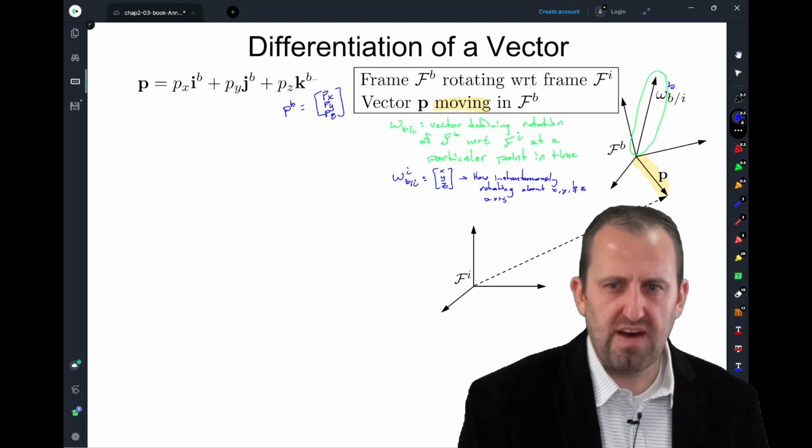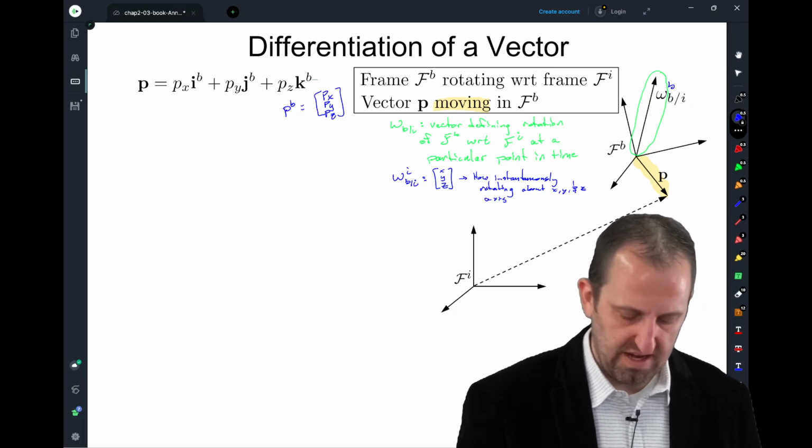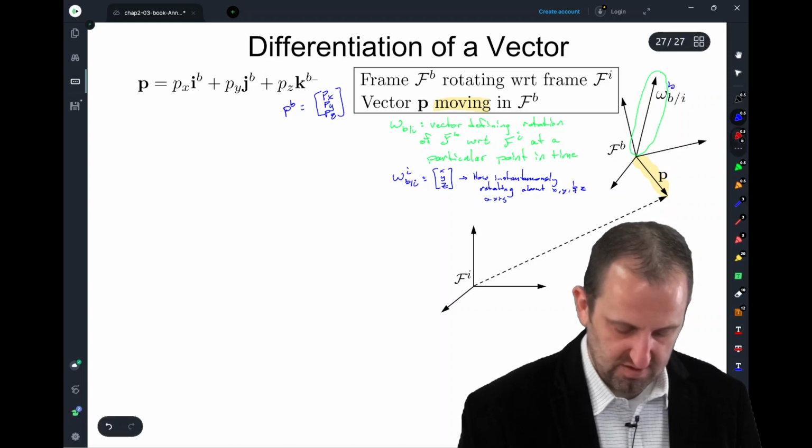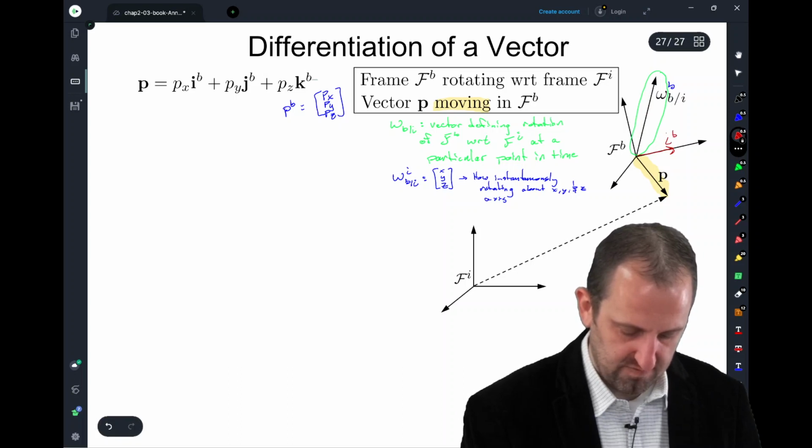Now, if I had a vector that's fixed in the body frame, so for instance, in this case, we define i sub b.